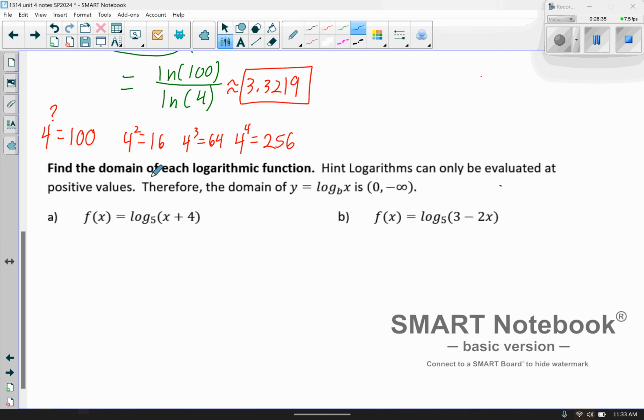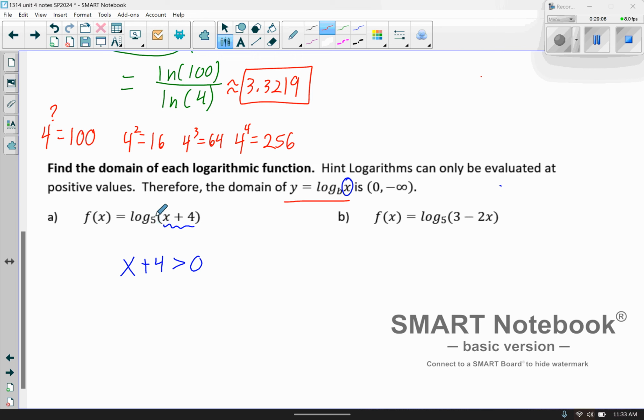Hint, logarithms can only be evaluated at positive values. Therefore, the domain of a basic one, my x value has to be greater than 0. So here I have x plus 4, and that needs to be greater than 0. You're just going to solve that, and that will be the domain for this function right here.